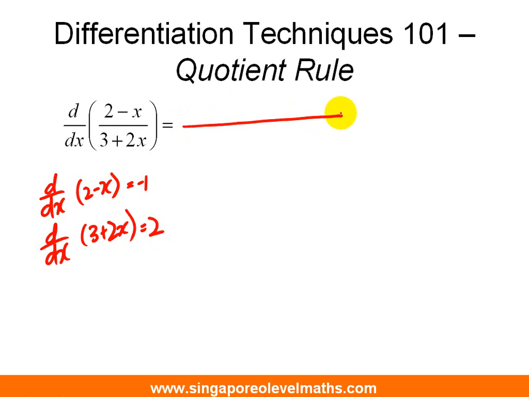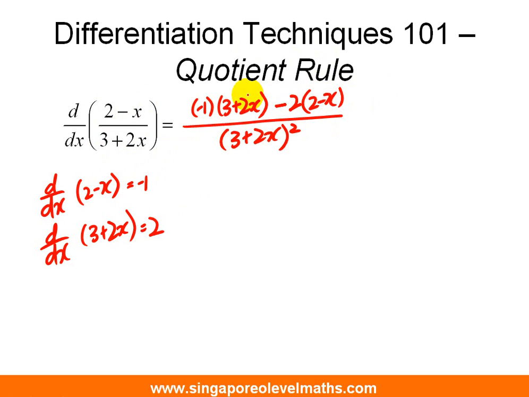Quotient rule says you differentiate the numerator, which I get minus 1, and you copy the denominator, minus. Now you differentiate the denominator, which is 2, copy the numerator, over the square of the denominator.